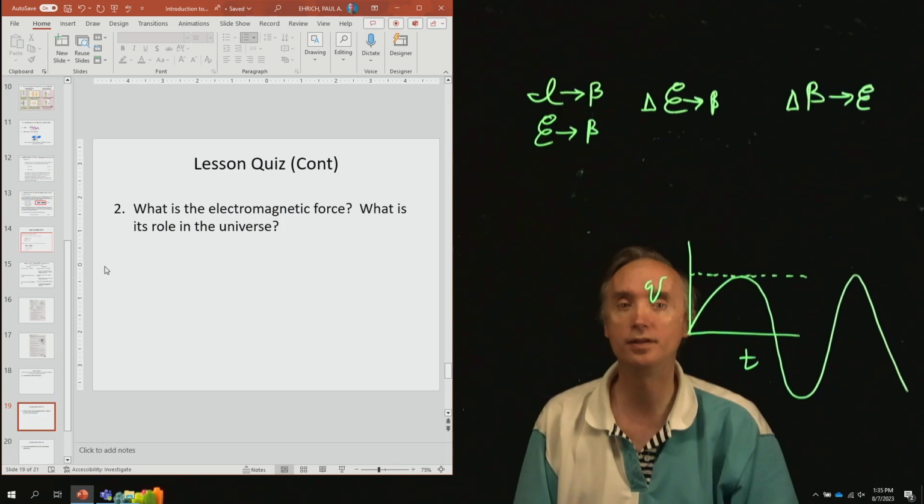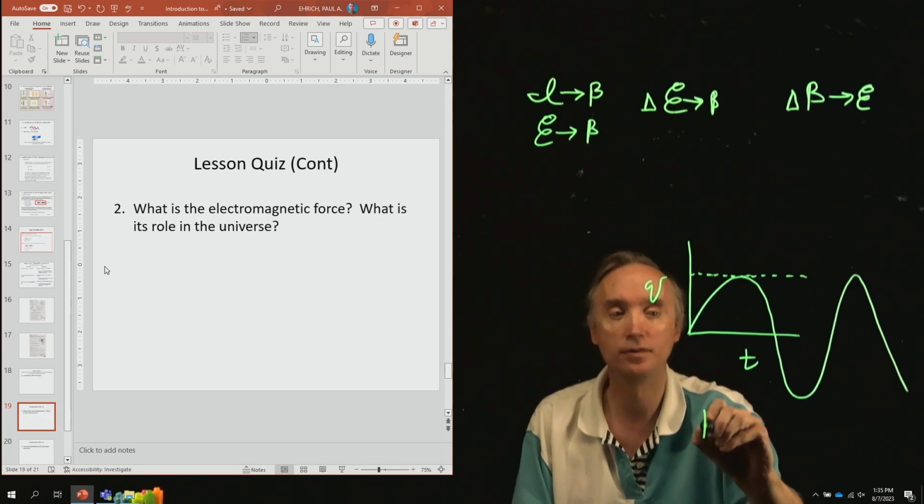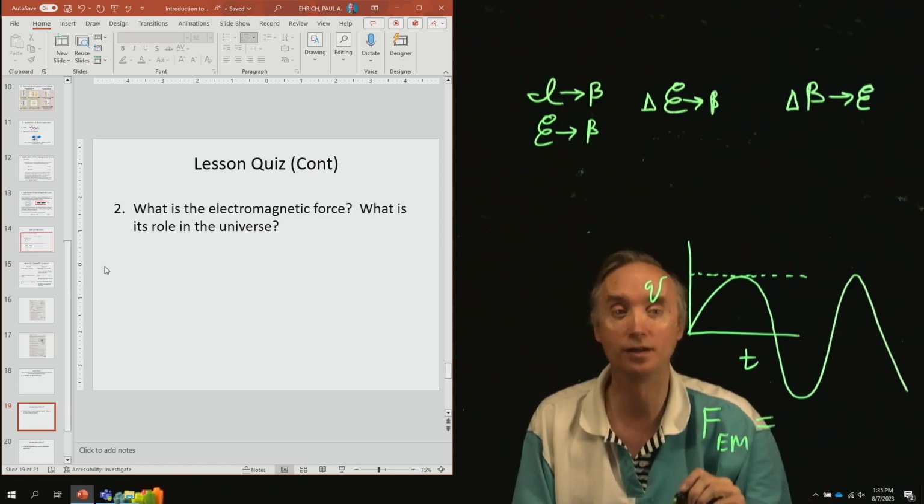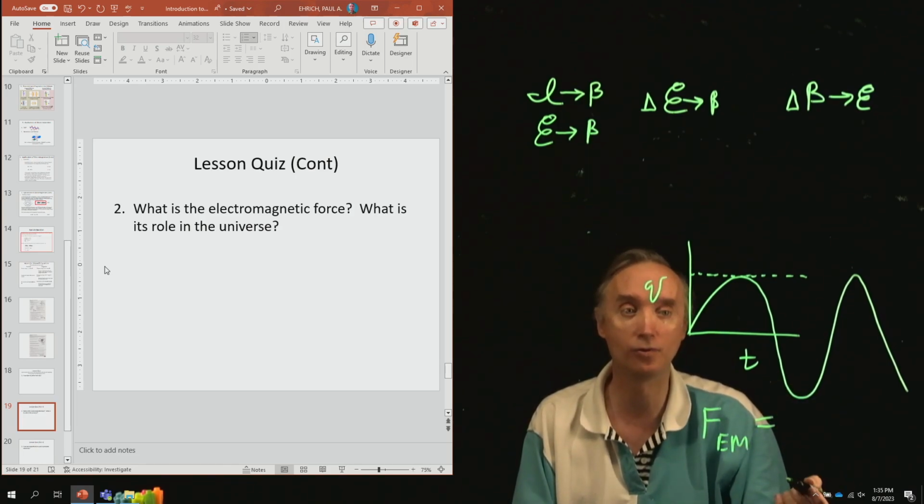Number 2, what is the electromagnetic force and what is its role in the universe? The electromagnetic force is going to be the sum of the electric force plus the magnetic force.